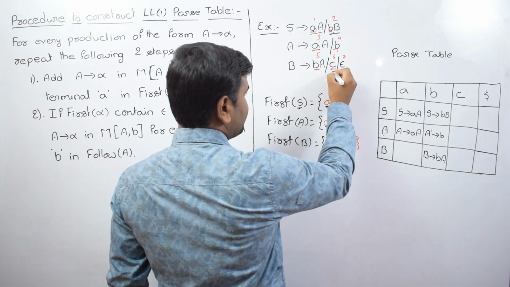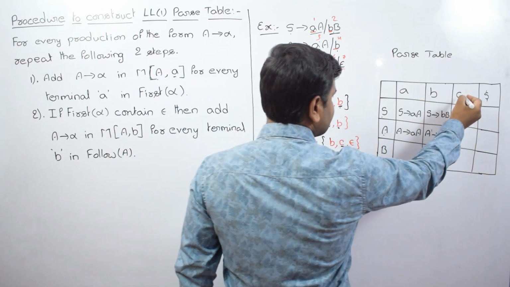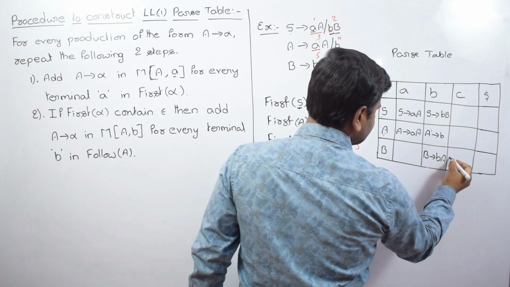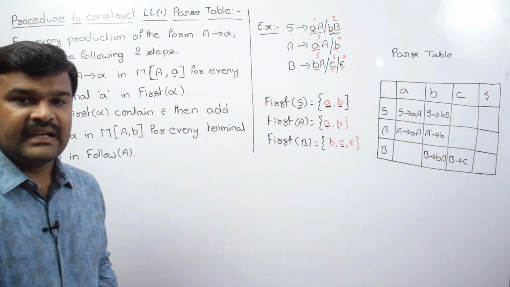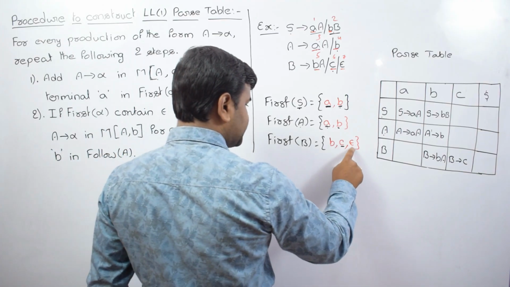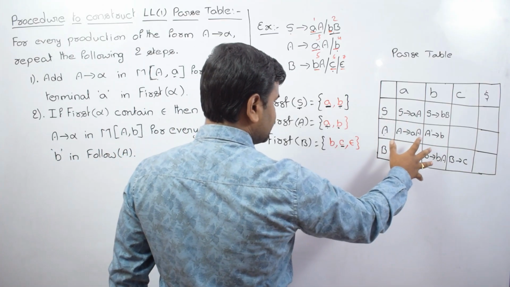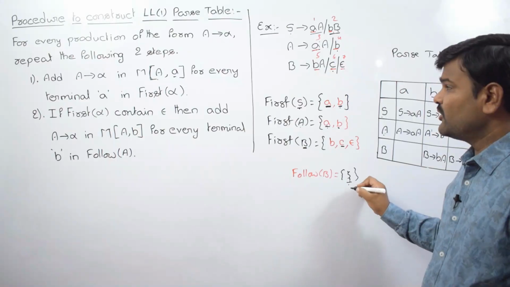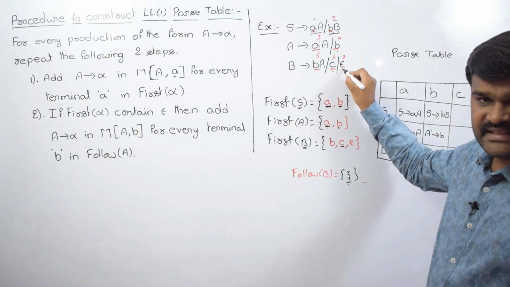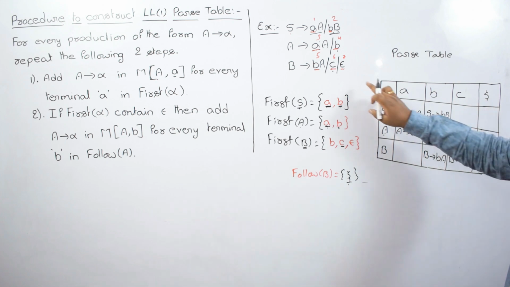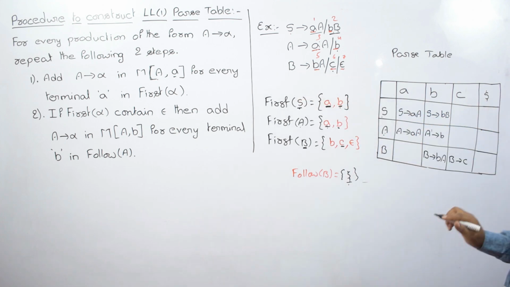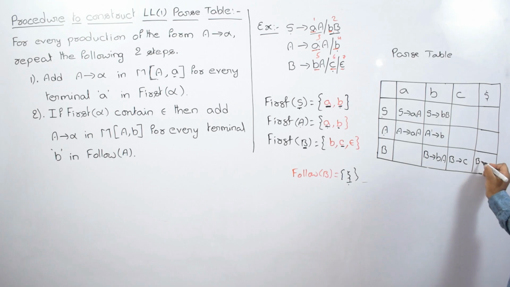You got this from here, right? That means under the c column we write B arrow C. Now we have an epsilon for this production, so under dollar we add B arrow epsilon.